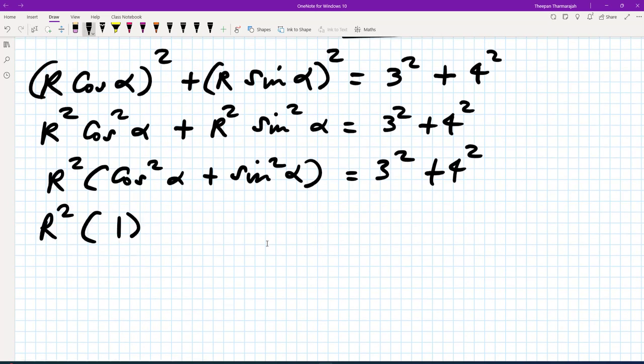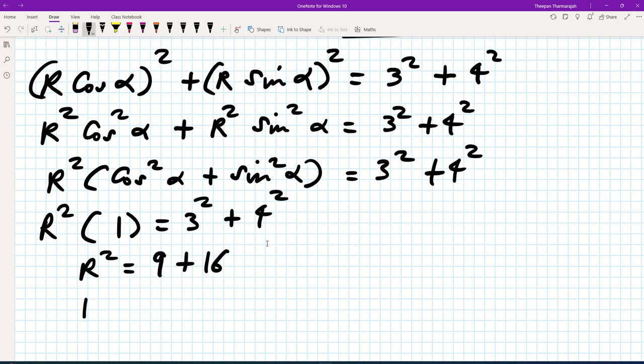I'm just going to write it in so you're aware of it just for now for this example. So we can then say that r squared is 9 plus 16, r squared is 25, so r is the square root of 25. So we can say that r is 5.